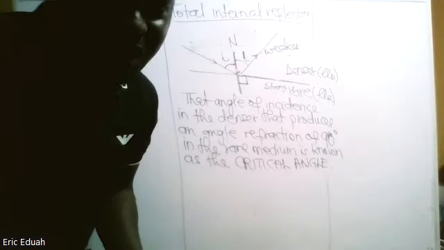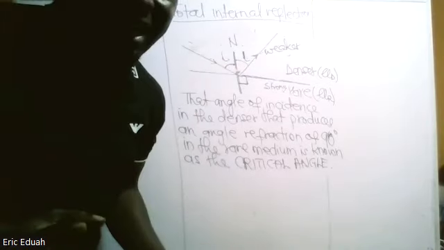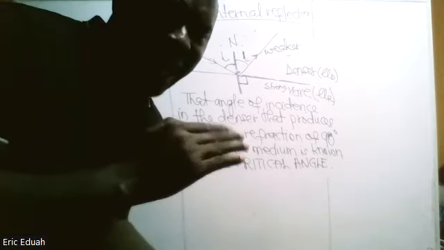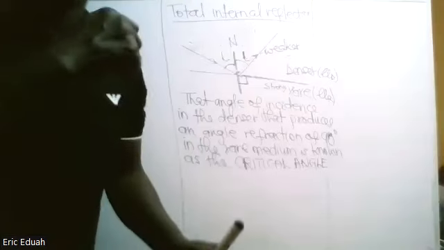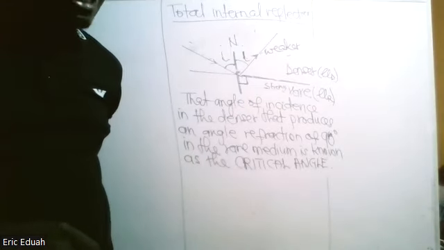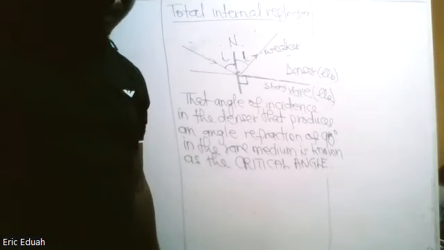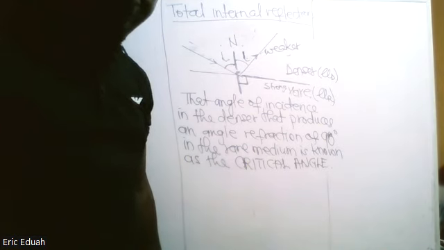Once you obtain the critical angle, you can now adjust the angle of incidence to have absolute or total internal reflection. Are we okay?